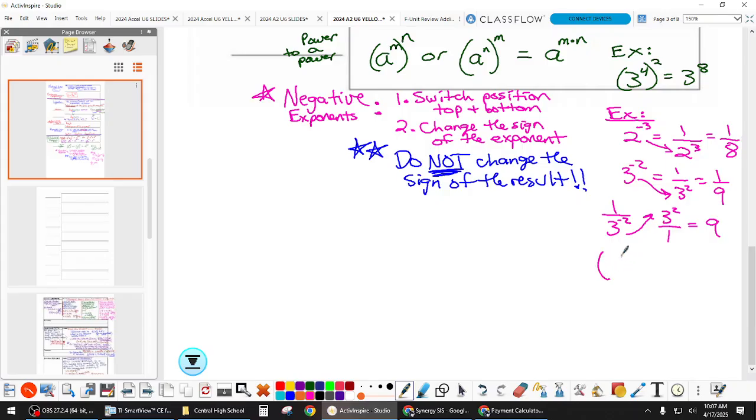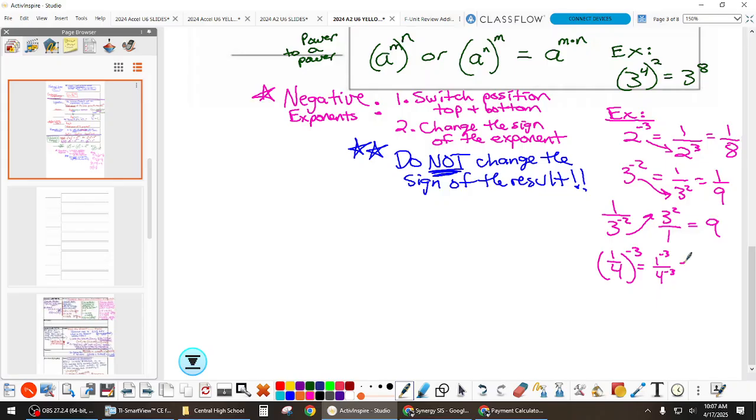Okay. Let's do the one that our log was asking about. 1/4 to the negative 3. Remember, with a fraction to a power, you can take the power to both numbers. So next step would be 1 to the negative 3 over 4 to the negative 3. What is 1 to the negative 3? It's just 1.